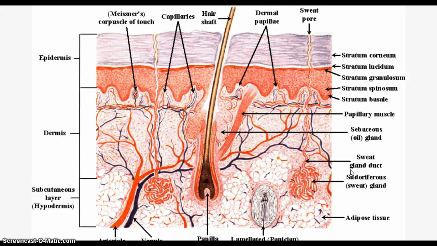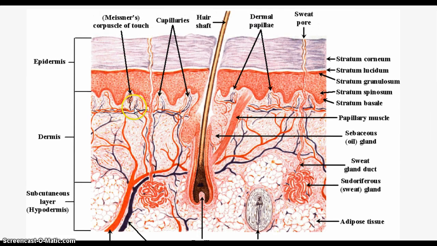So here are a few characteristic things of the skin. There's dermal papilla right here, which we'll talk about. Here are a few glands: a sebaceous gland, a sweat gland. This is called a Pacinian corpuscle. I can never pronounce these right. Then there's also Meissner's corpuscle.